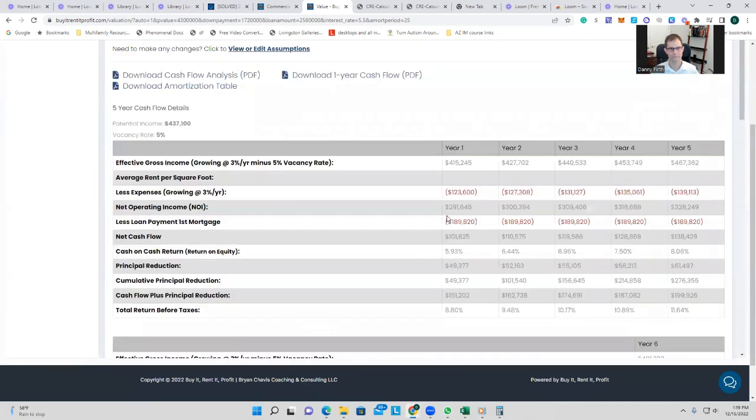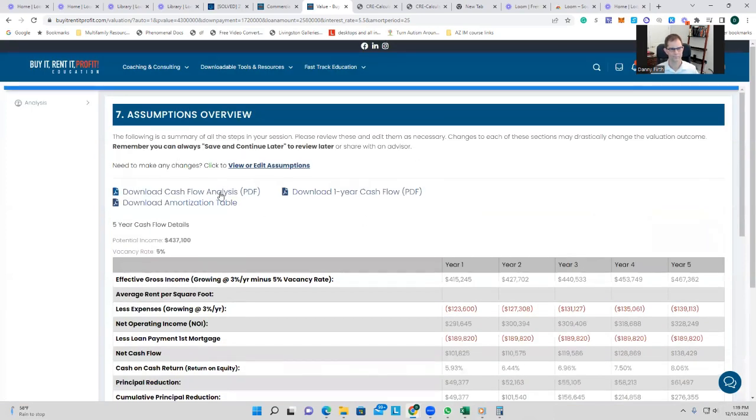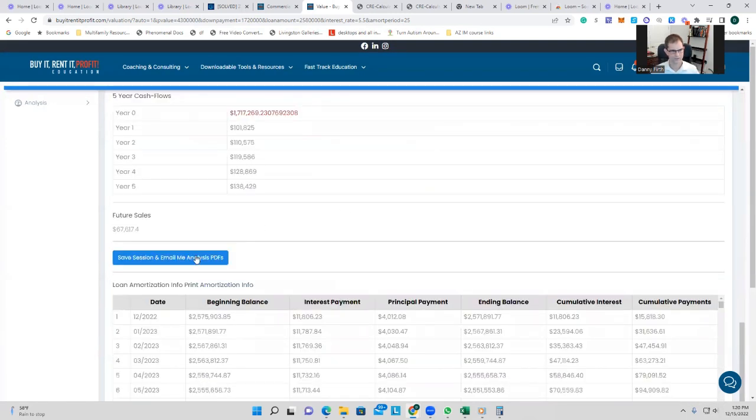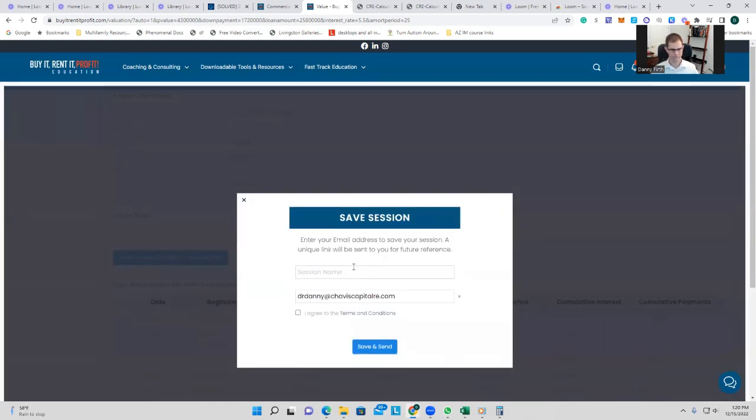And one more time, once you're done, you can click on these to save the PDFs. I would encourage that. And then it also does save these. And the other option is you can save and email it. So I'm going to call this one Hollindale, and save and send.